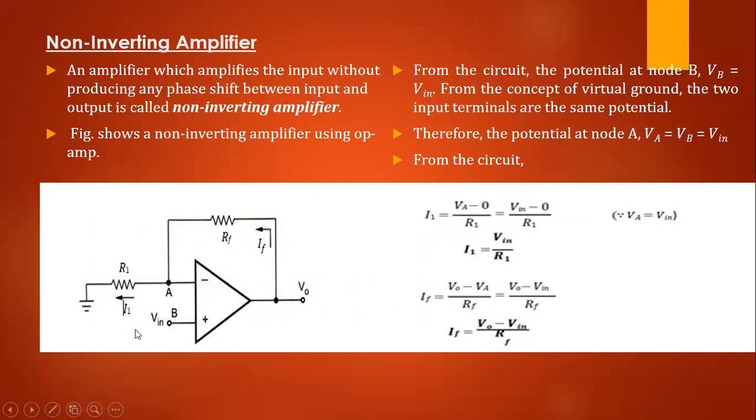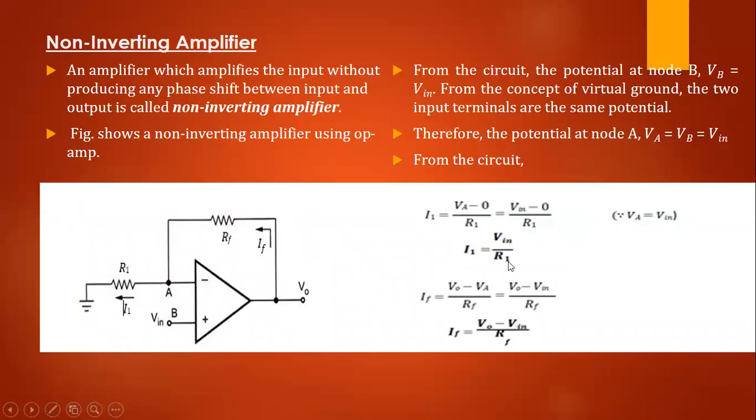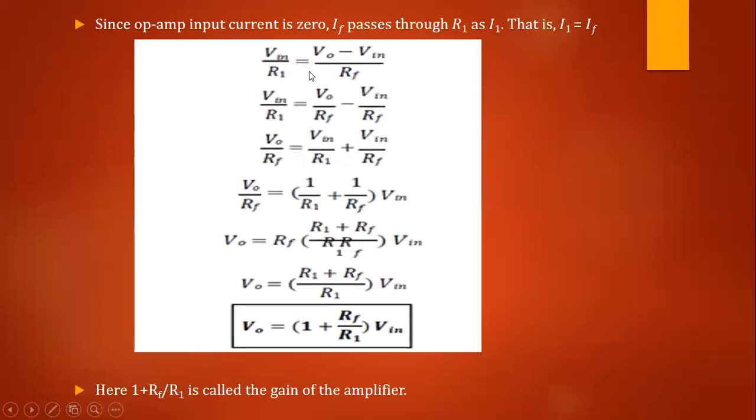So therefore, current I1 is equal to IF. Okay. So IF passes through resistor R1 as I1. Now we know that I1 is equal to V in by R1 and IF is equal to V0 minus V in by RF. Okay. Substitute these two terms in this expression.